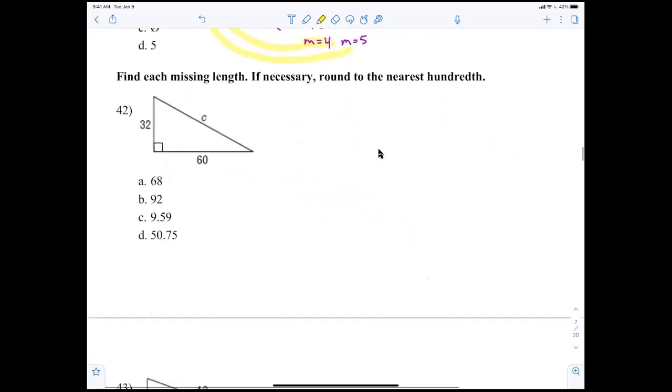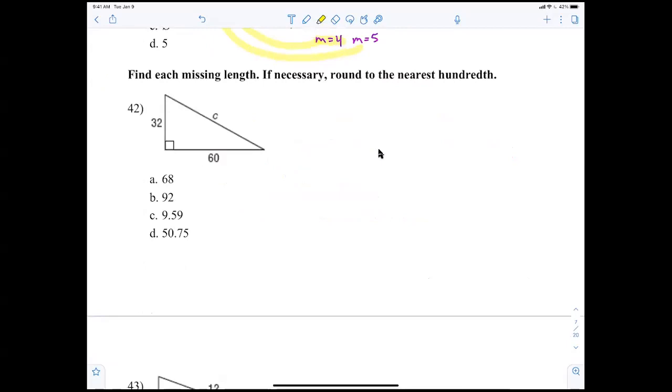All right, so now we need to do a squared plus b squared equals c squared, right? 32 squared plus 60 squared equals c squared. 32 squared, I believe, is 1024, plus 3600 equals c squared.